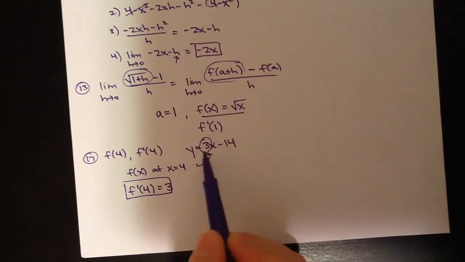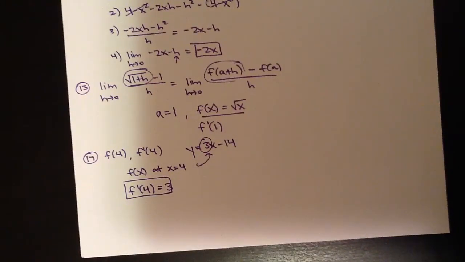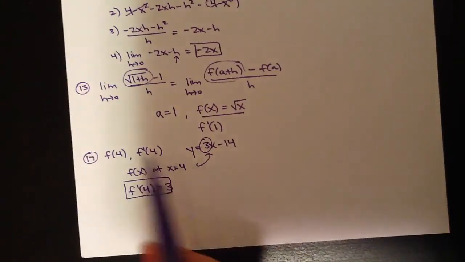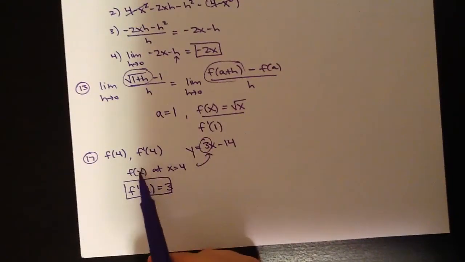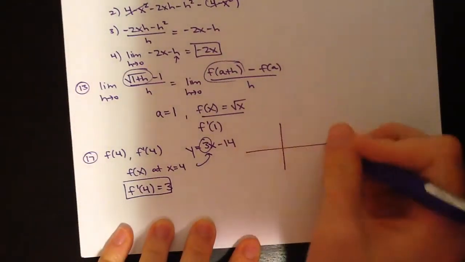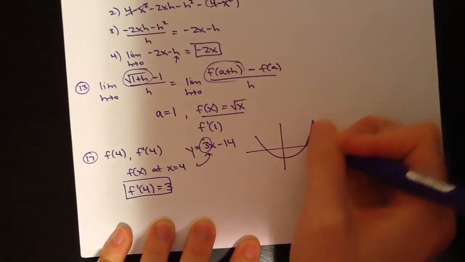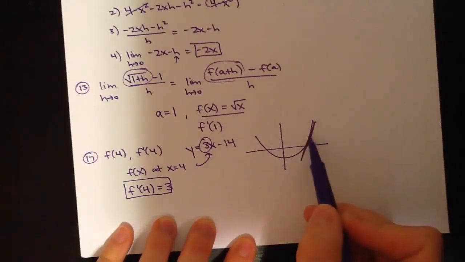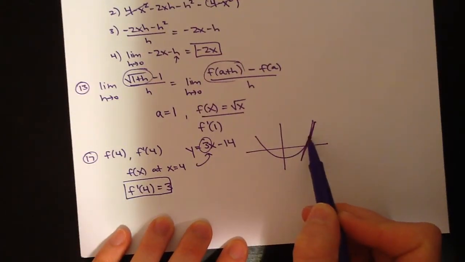If you were in Algebra 1 and I asked you what the slope of this line was, you could tell me that it was a slope of 3. So we've got that going for us. Now we're saying, if we plug 4 into this function and we plug 4 into f of x, they're supposed to have the same y value. Because if you picture any tangent line, now I'm not saying our thing is quadratic, but let's say we've got a tangent line right here. Not only do these points have the same slope, at this point they have the same y value.